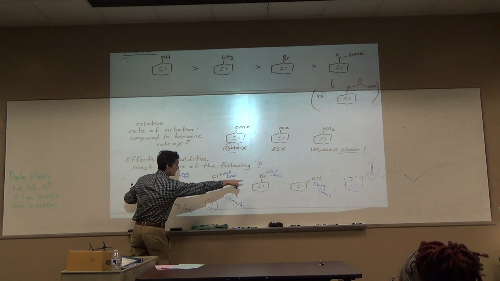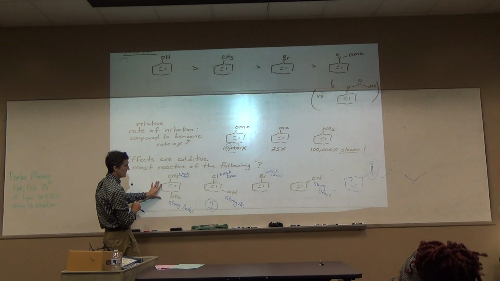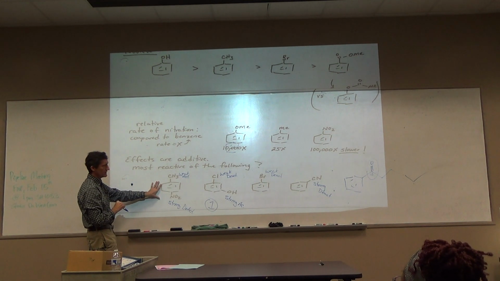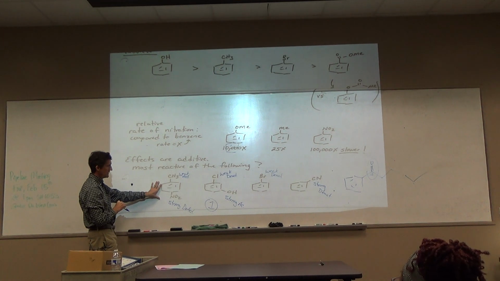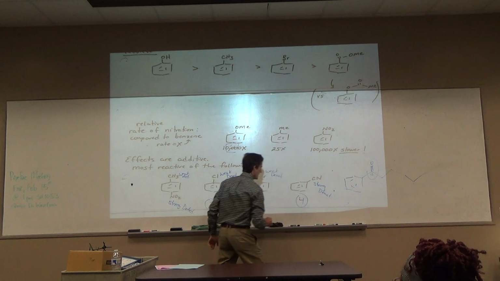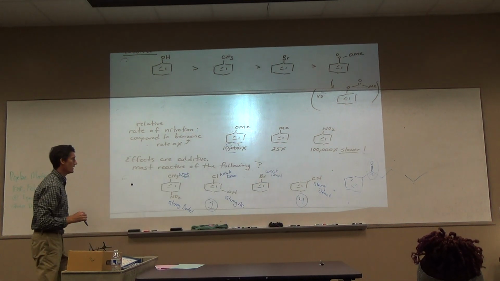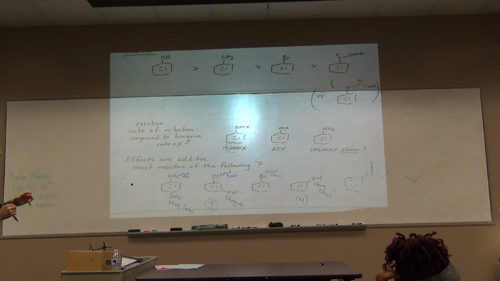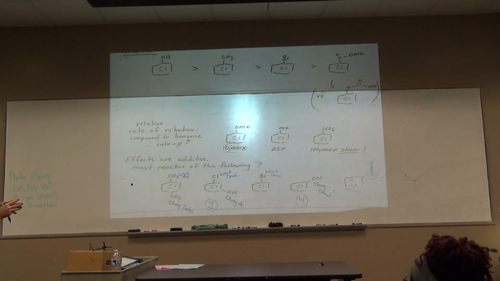What about this one in bromobenzene? That's kind of a tough call there. I think definitely this is 4, with the bromobenzene. Which is more reactive, this first or the third? The third, because it has some resonance stabilization.